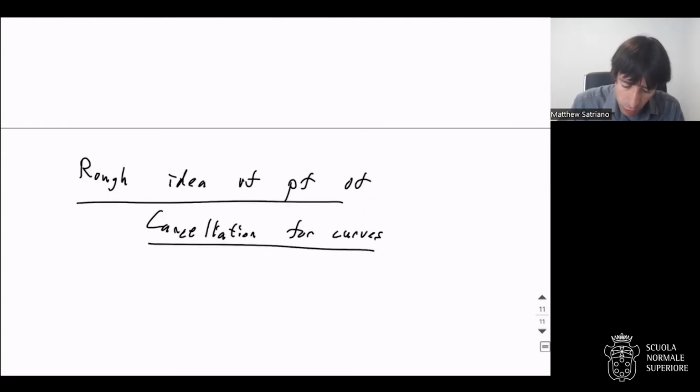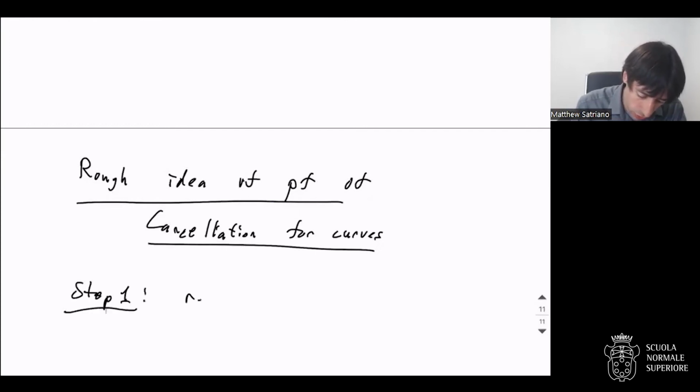So the rough idea of the proof of cancellation for curves, which is really just P1, is you use some local methods in this case. So step 1 is you reduce to the p-adic local case.